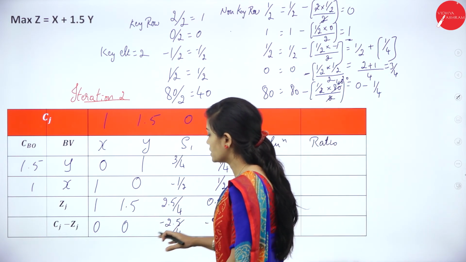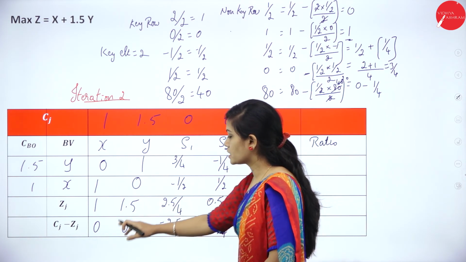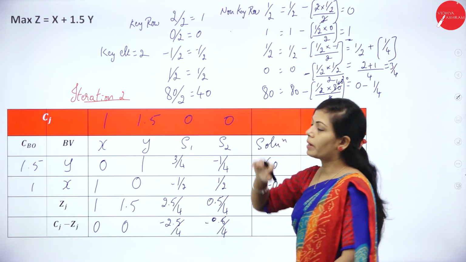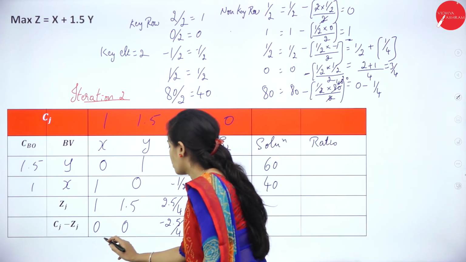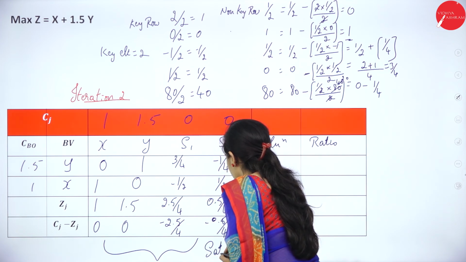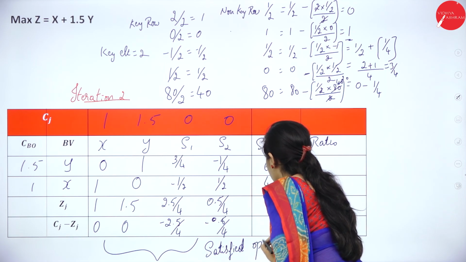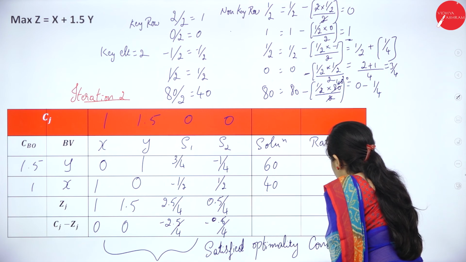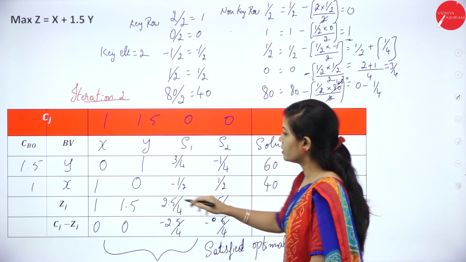All the values are 0 or negative, and for maximization, if they are 0 or negative, the optimality condition is satisfied. So the optimality condition is satisfied.